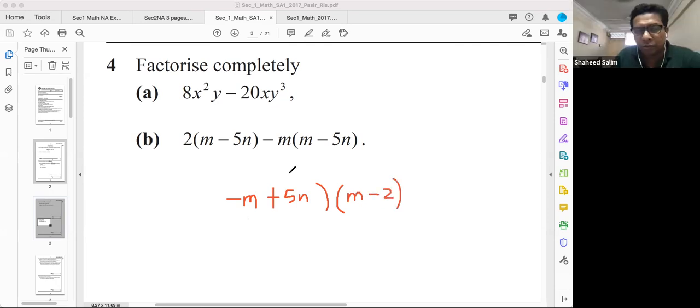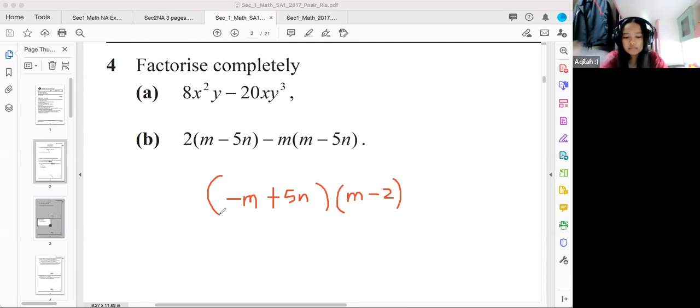So how did you get this? You did completing the square or something? Yes, for the first part I multiplied the m, so it's negative m squared.